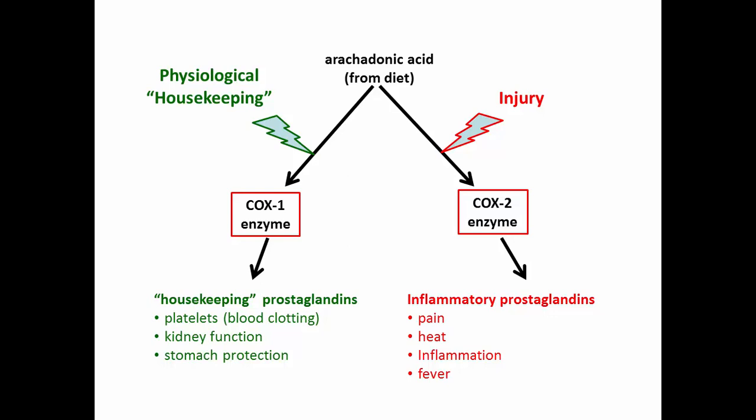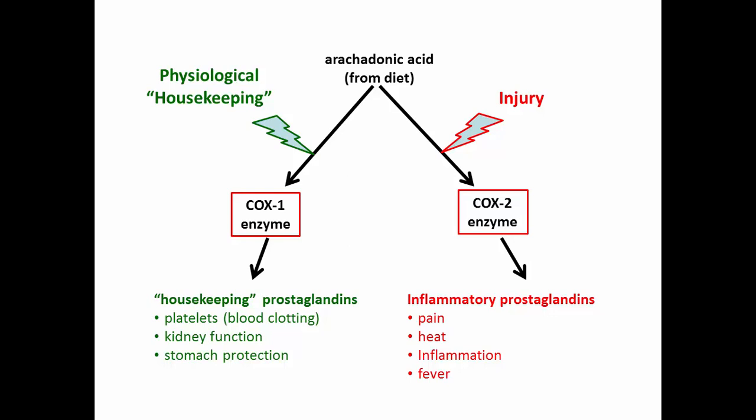So for our purposes, we don't need to know specific prostaglandins. However, we do need to know that there are 2 main groups of prostaglandins that are produced by the body. So our body takes arachidonic acid, and using the COX-1 enzyme, it produces prostaglandins that are important just for general maintenance of our body.